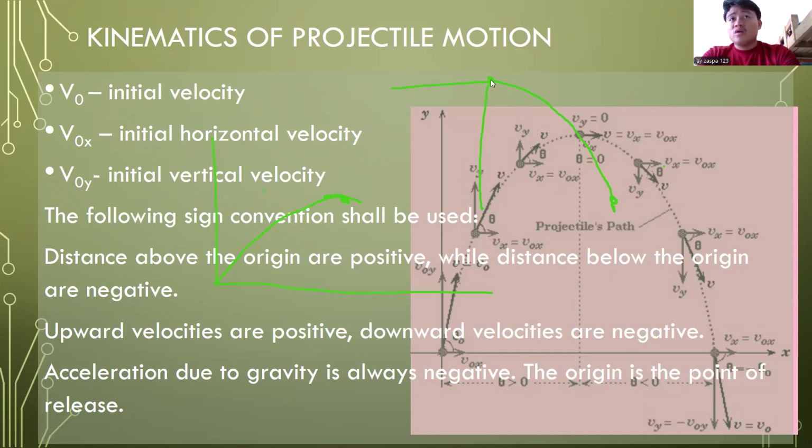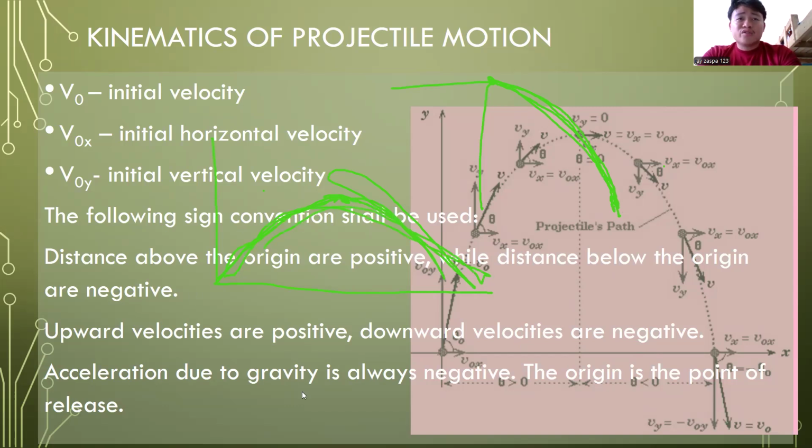From here going down, the velocity is negative. When the projectile goes up, it is positive, and since it goes down, it becomes negative. So that is what we call velocities in its components.